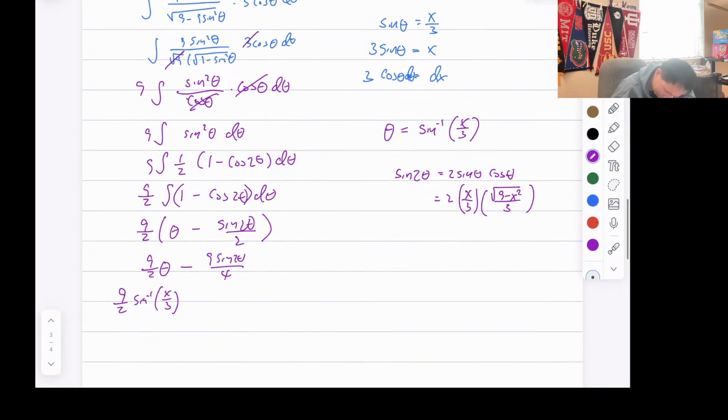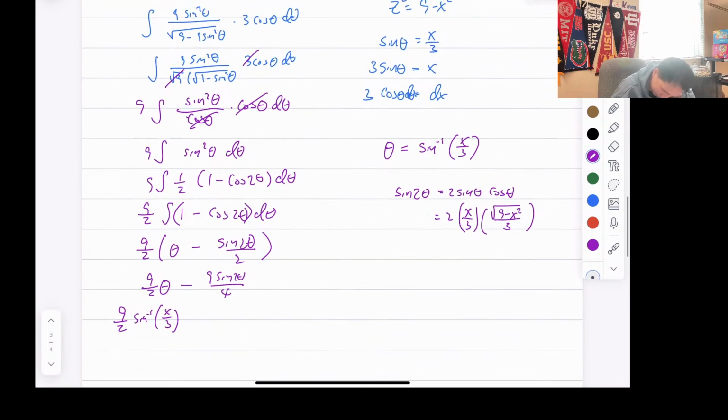You just gotta plug in. I'm trying to figure out what sine 2 theta is. You had 2 sine theta, cosine theta, right? Yeah. And then you just plug that in, like x times root 9 minus x squared. I was confused on what to plug in there. Now I'm ready to do arc sine.